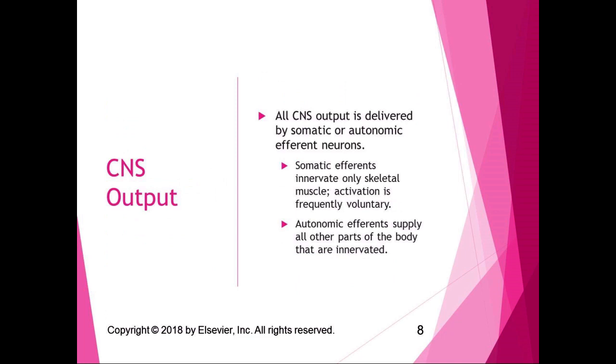All central nervous system output is delivered by somatic or autonomic efferent neurons. Somatic efferent neurons innervate only skeletal muscle, and activation is frequently voluntary. Autonomic efferents supply all other parts of the body besides skeletal muscle, and it's usually non-voluntary. It's non-conscious in the background.